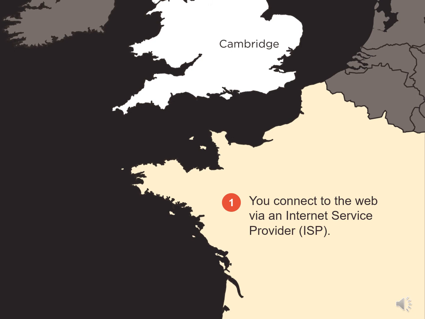Because maybe you will input not the IP address but the URL. So you just use letters and characters rather than the IP address. That means we need to translate from the URL to an IP address.